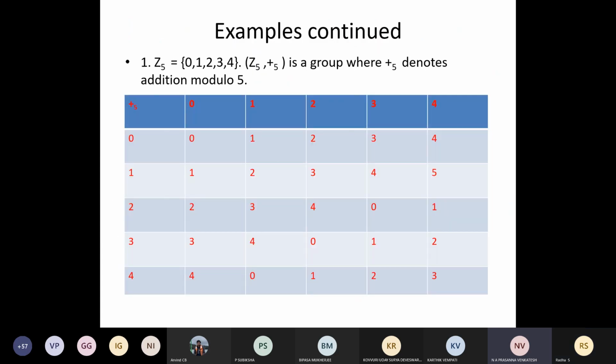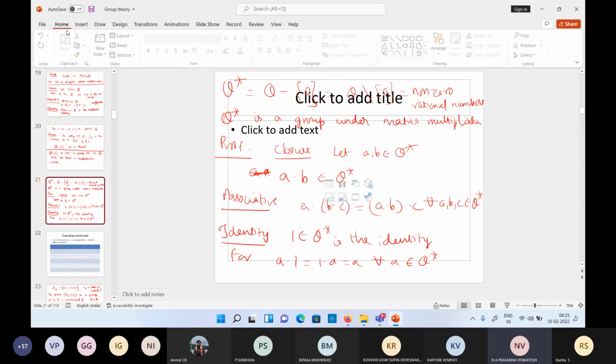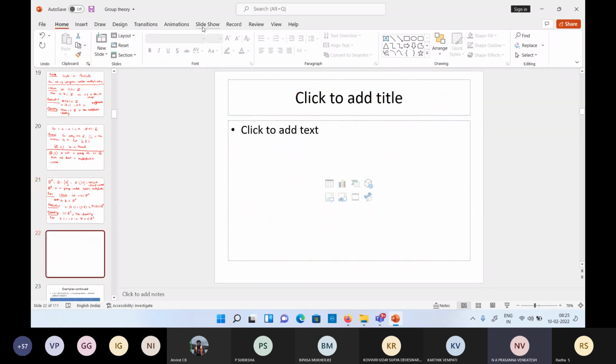Then inverse. Inverse exists for every a in Q star. If you don't like a, you can write it as a by b, a rational number, and b by a will be the inverse. It's after all a notation.